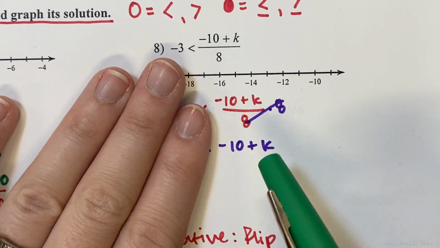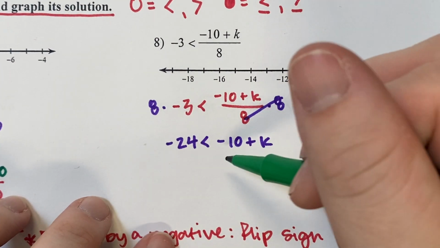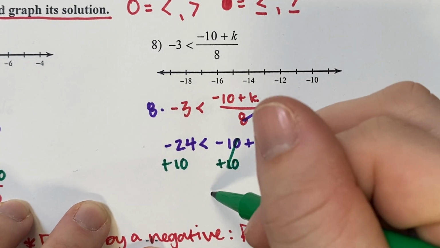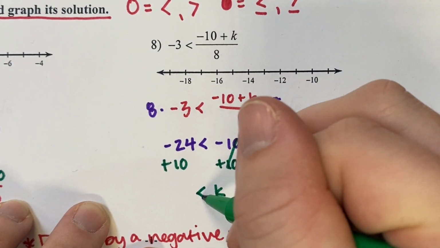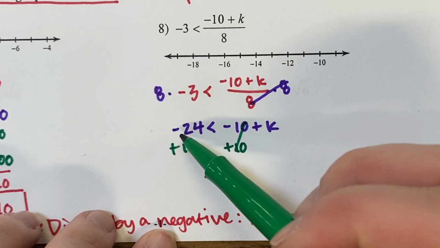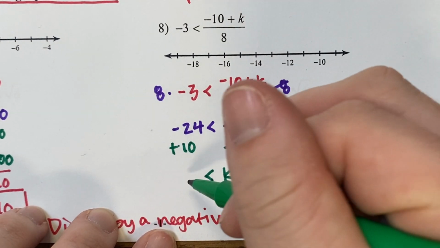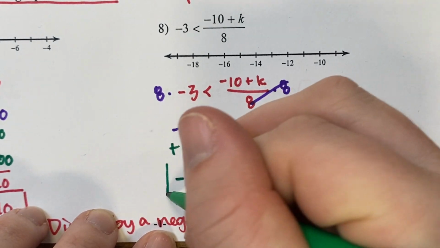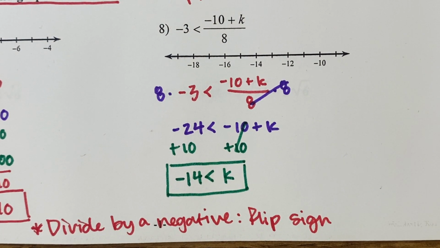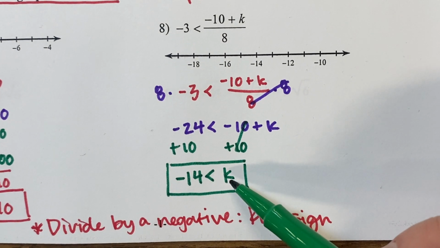Well, how do I get rid of subtract 10? We're going to add 10. So I get k is greater than, this time because my alligator's opening up to him, negative 24 plus 10, negative 14. Beautiful. So I have my answer. I have my k all by itself.